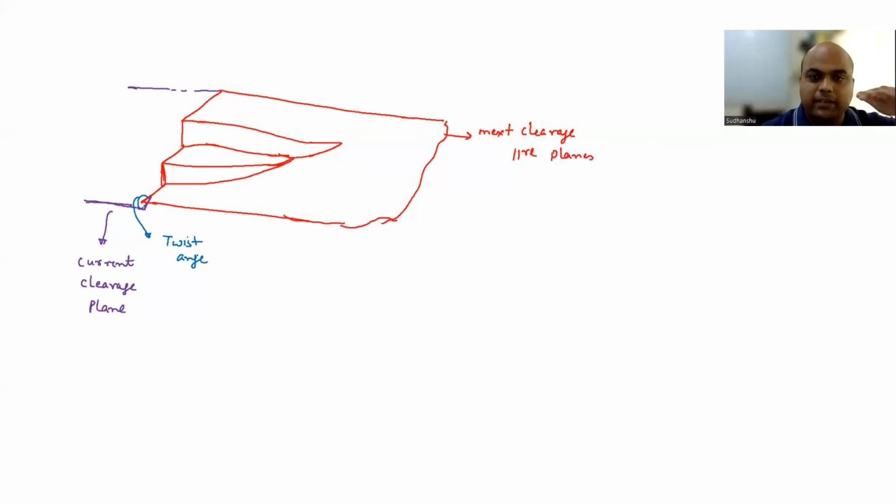Okay, so you have two planes and they are at an angle. So the twist angle. Okay, and all these are your parallel cleavage planes.